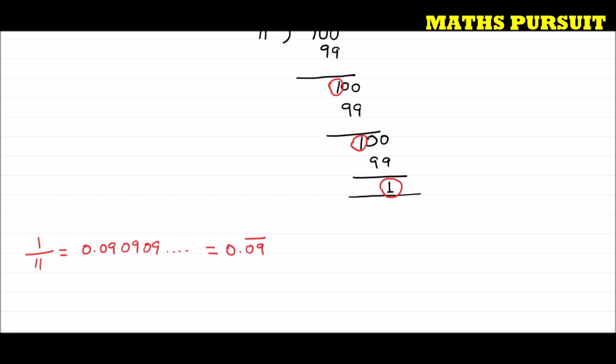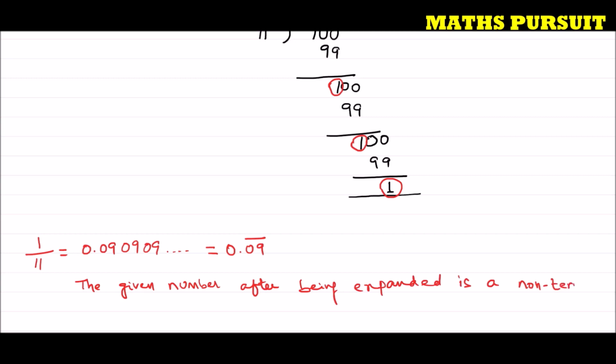So I can write my concluding answer saying that the decimal expansion of the given rational number is non-terminating repeating, because it is not terminating, it is continuing.